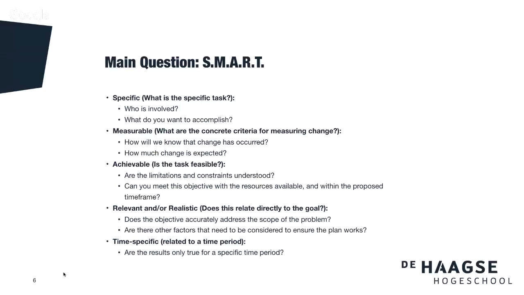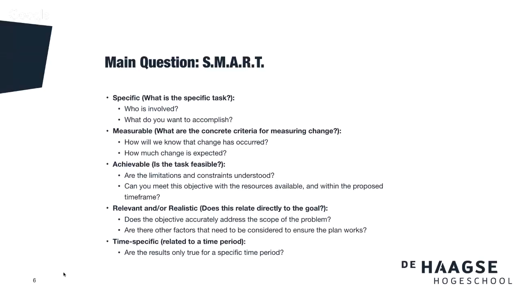So if you ask me a question like, how will the behavior of children change over the next 6 months, but you only have 10 weeks to do the research, then it's not achievable with the resources that you have. So within the time frame, within the limitations, within the hardware that you have. You have to take all that into consideration when making your research question.